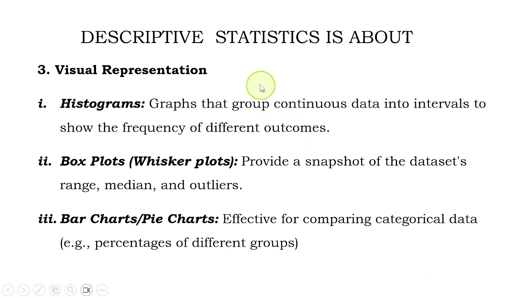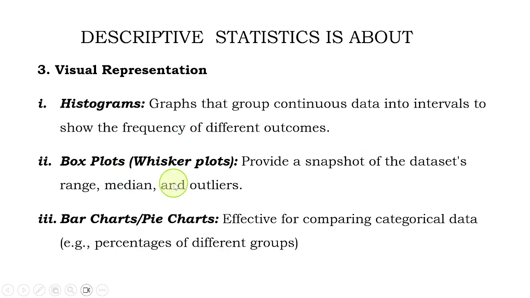The last element of descriptive statistics is visual representation. We represent the data in a way that once you look at it, you'll be able to understand the message it wants to pass. Histograms are graphs that group continuous data into intervals to show the frequency of different outcomes.